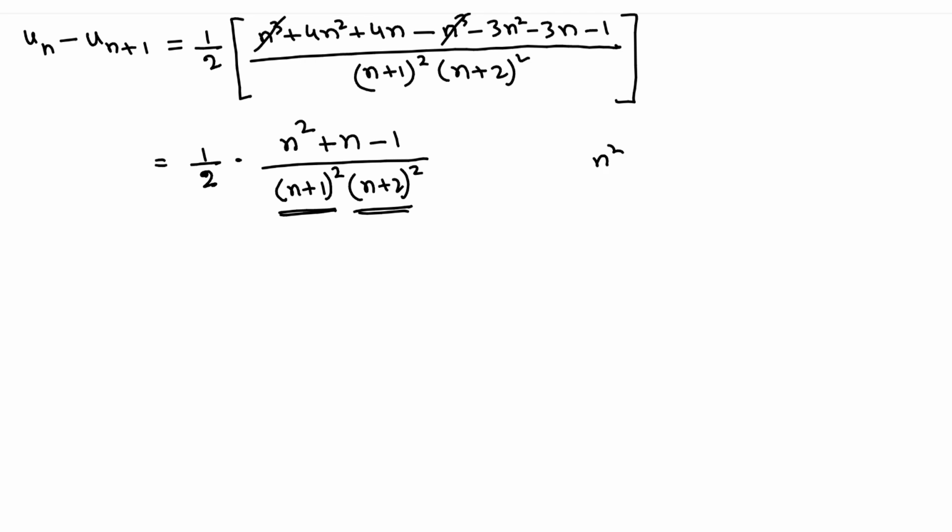Is this negative? If I put the lowest value n equals 1, the answer is 1 plus 1 minus 1, that means 1. So for the lowest value of n, you are getting the result positive. So obviously this result is positive, greater than 0. Okay, so we can say that the sequence un is monotone decreasing.